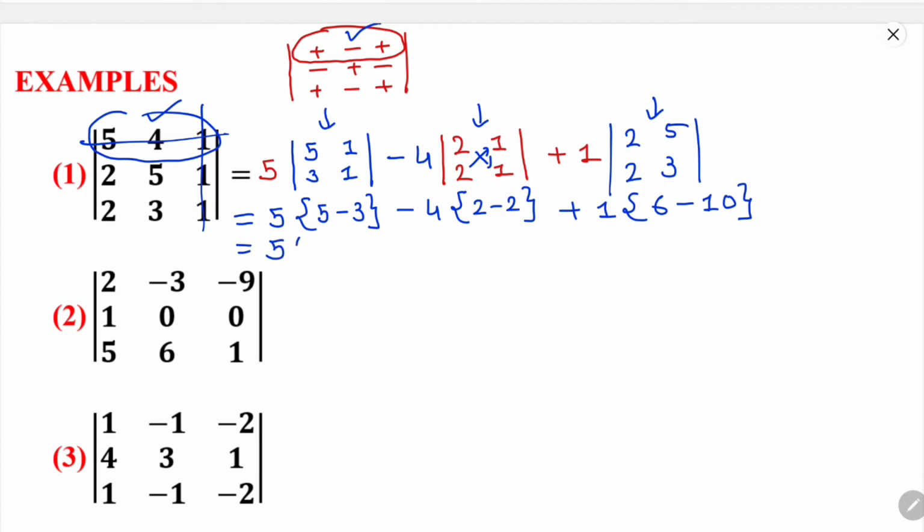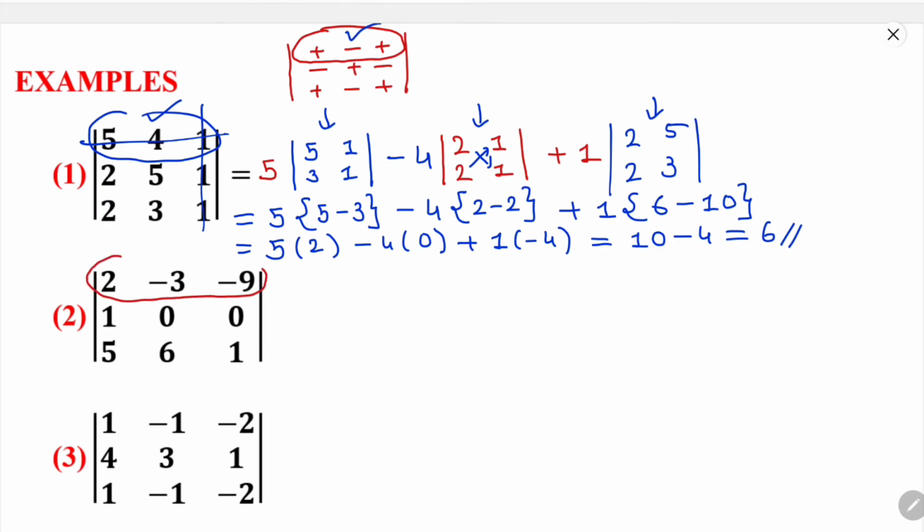So 5 into 2, 5 minus 3 is 2, 4 into 0, plus 1 into minus 4. So 5 twos are 10, minus 4 equals 6. This is the value of this 3 cross 3 determinant, right? Let us go for the next determinant.